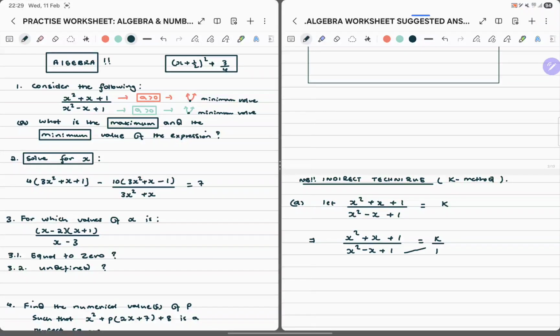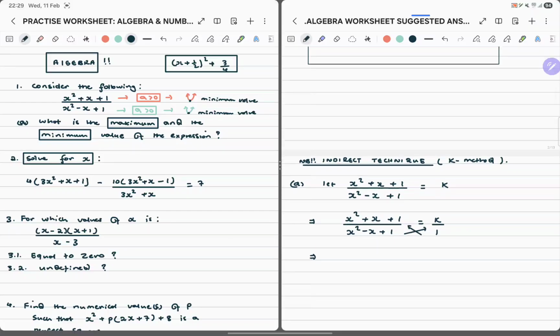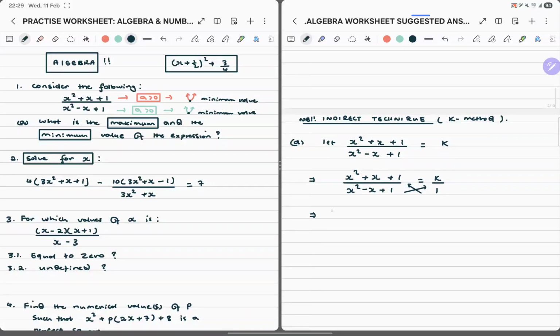Now we just do our gymnastics, cross multiplication in this case, which is nothing but multiplying by the common denominator, or the LCM, the lowest common multiple. Now all we can see is that the left hand side pretty much stays the same. As you can see, we wanted to do so. So this means it's going to be kx squared minus kx plus k. This is when we cross multiply.